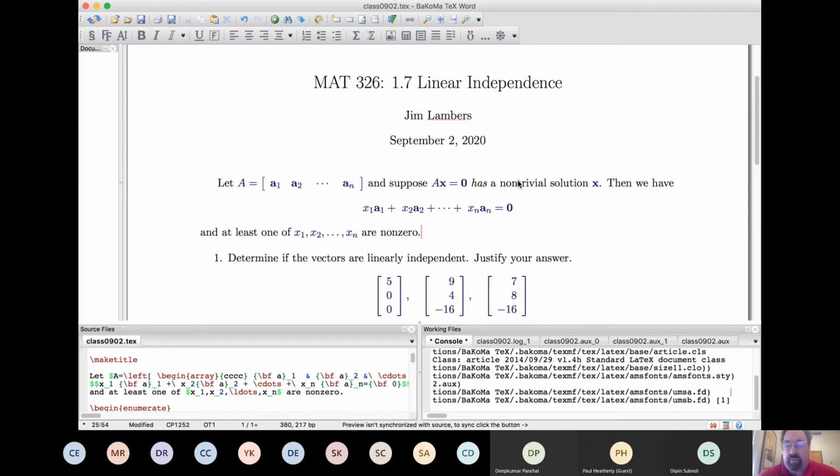If they were all 0, that would be the trivial solution again.